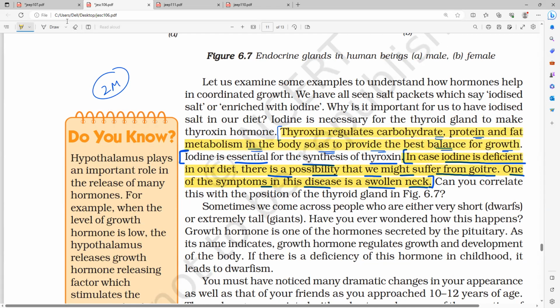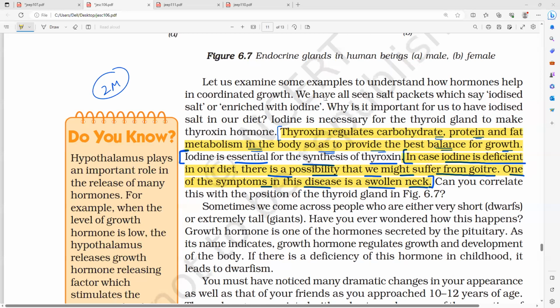If your food does not contain iodine, what will happen? The thyroid gland becomes irresponsive, which reduces the metabolism of protein, carbohydrate, and fat. With continued deficiency, what will happen?